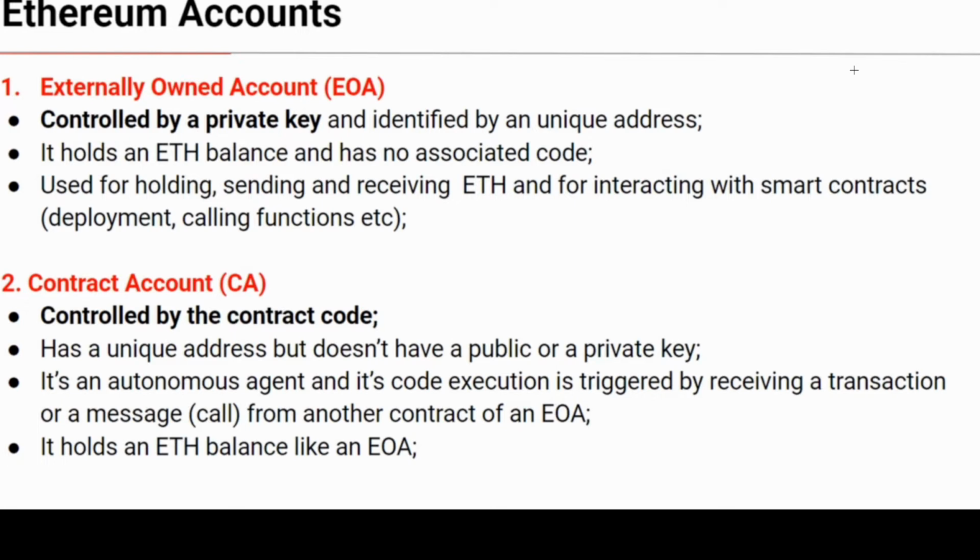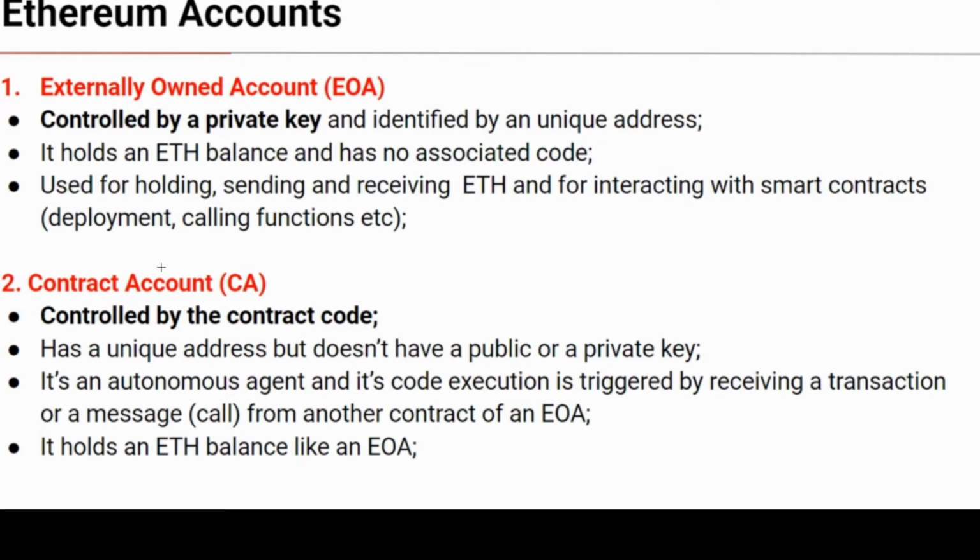It means that, for example, you use your externally owned Ethereum account, write a smart contract, and then use that account to deploy the contract onto the blockchain, possibly because you are creating a decentralized application.